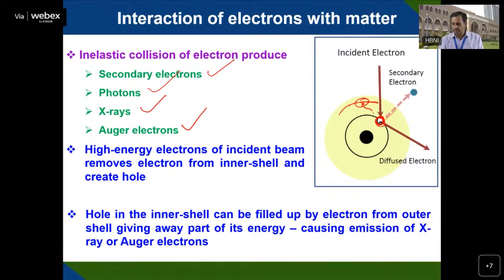If this electron jumps here, the excess energy will come out as a characteristic X-ray, or it can eject another electron from the higher orbital. So that will cause an Auger electron. We'll discuss that later.